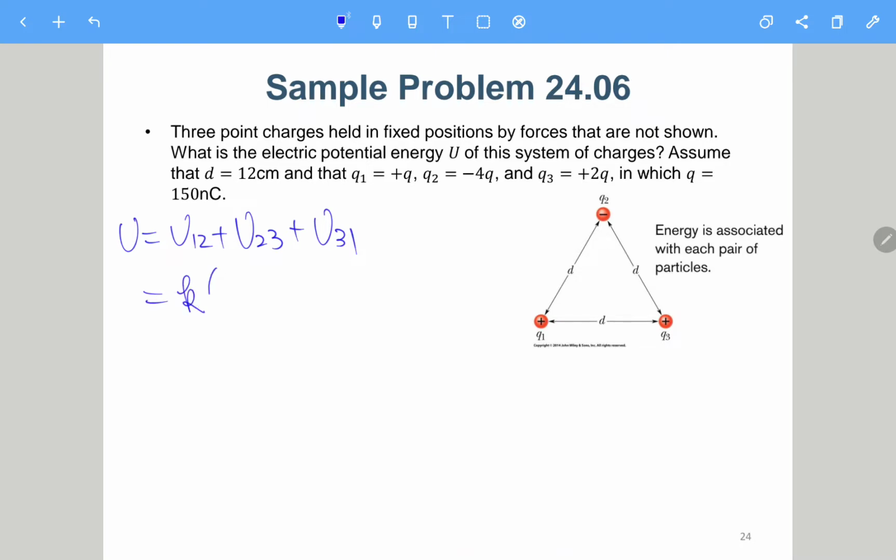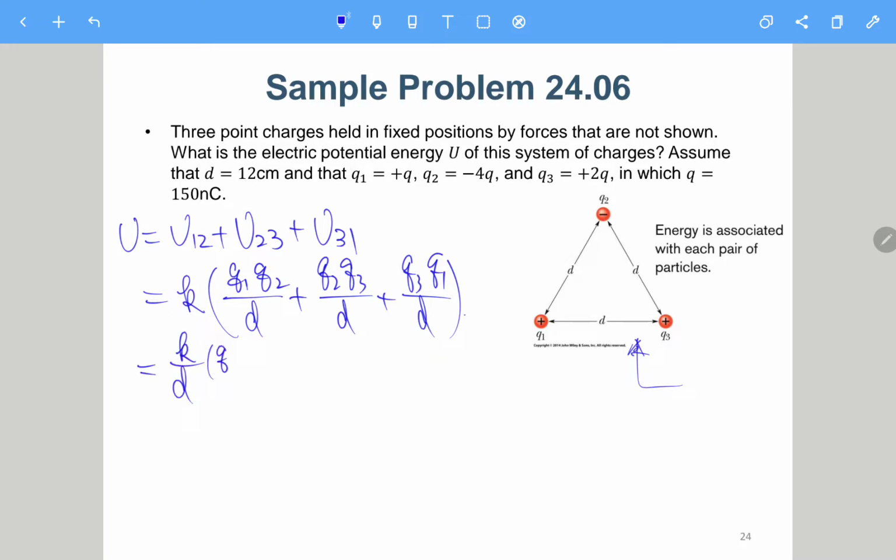So it is K times Q1, Q2 over D plus Q2, Q3 over D plus Q3, Q1 over D, because this is an equilateral triangle, so D, D, D for the 3 sides. So we will have K over D, and then Q1, Q2 plus Q2, Q3 plus Q3, Q1.